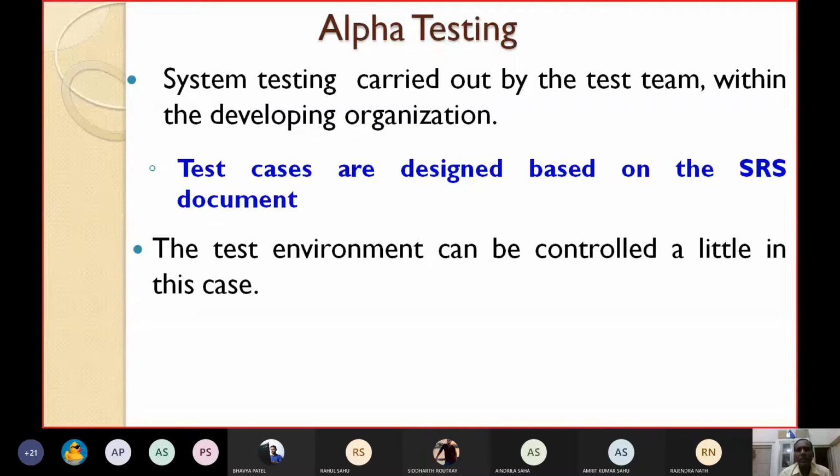The test environment can be controlled a little in this case, since the software is tested by the members of the testing team within the developing organization, so it is under their control.